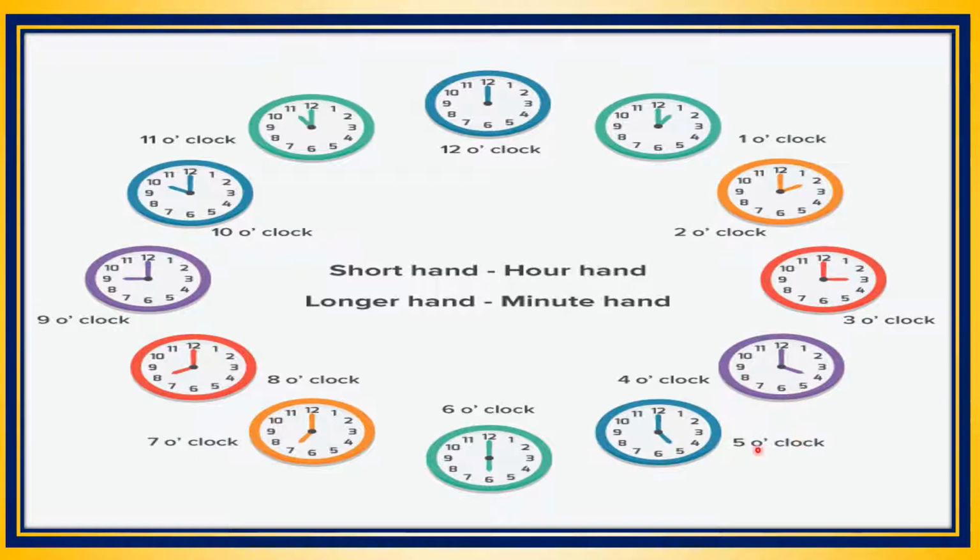In fifth, 5 o'clock. In sixth figure, 6 o'clock. Next, the time is 7 o'clock, 8 o'clock, 9 o'clock, and next 10 o'clock and 11 o'clock and last 12 o'clock. Students, remember this point. Short hand means hour hand, longer hand means minute hand.